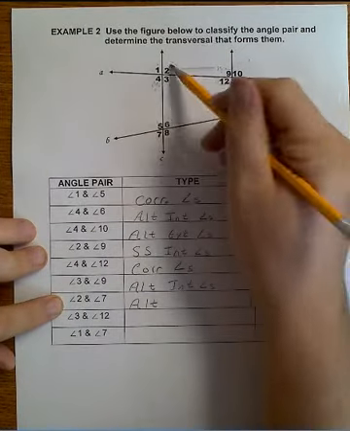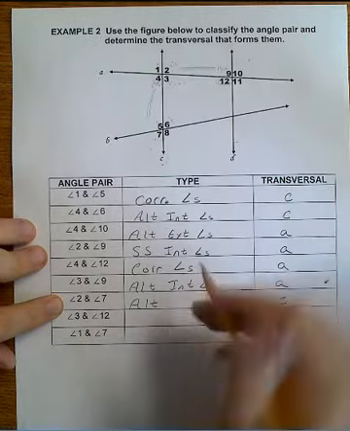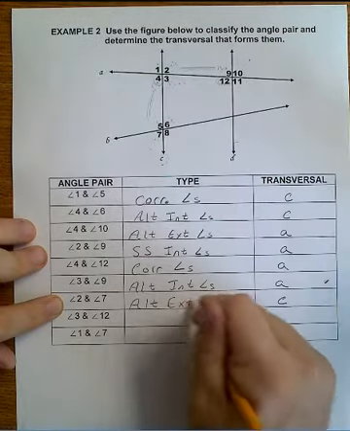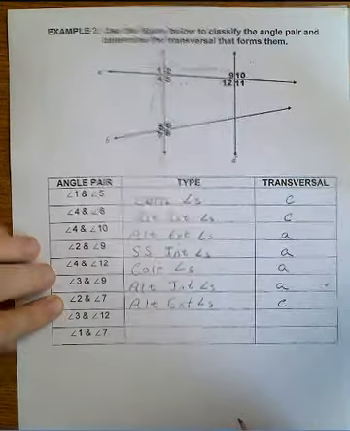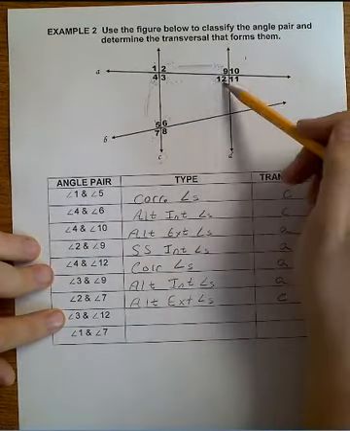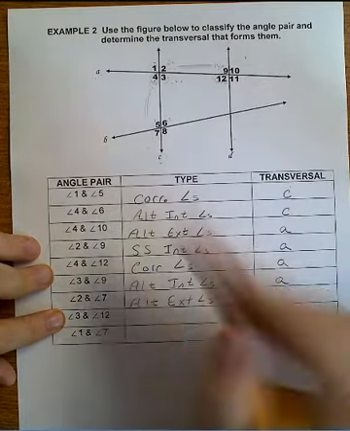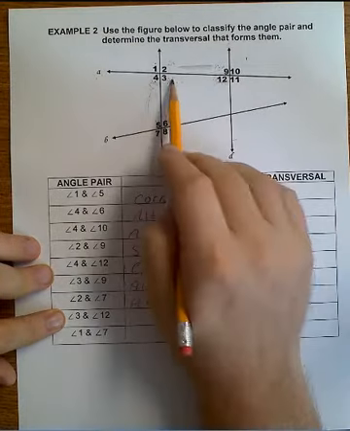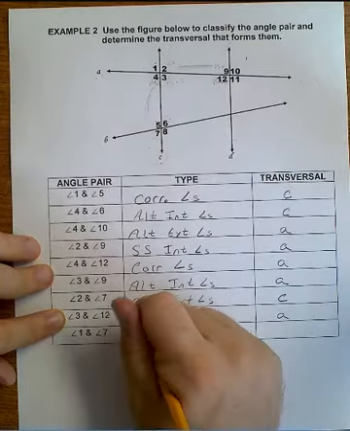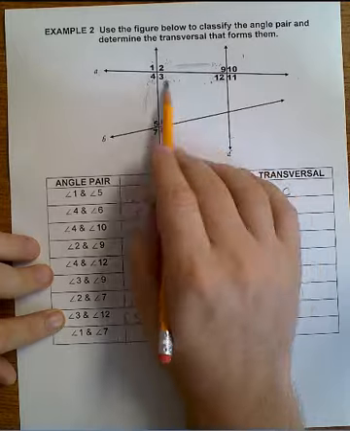And 2 and 7 are outside of my two lines, so they are exterior. 3 and 12, these share line A. They are the same side, and they are interior.